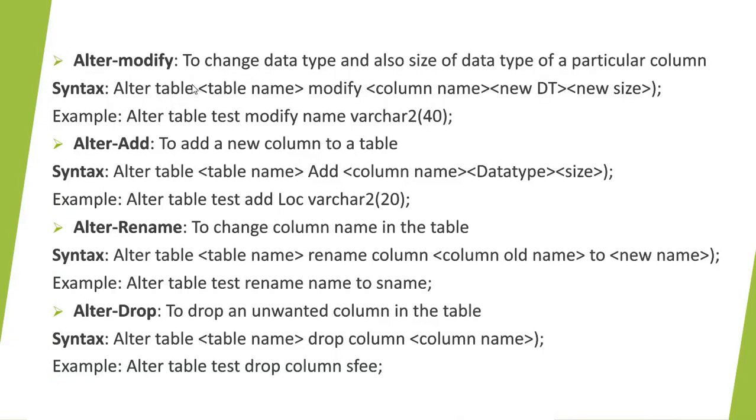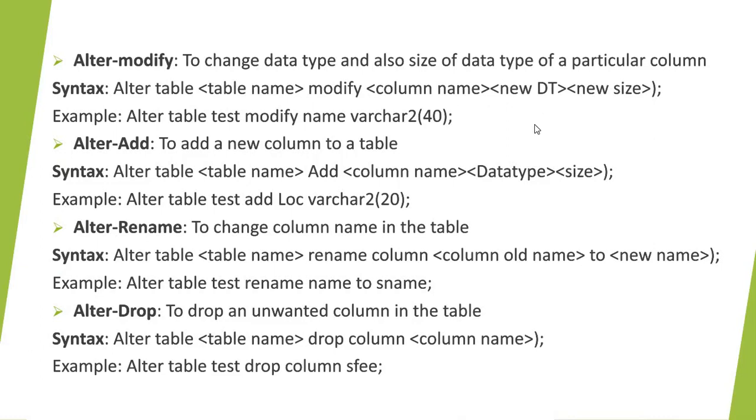The syntax is: alter table, table name. What is the table name for which you want to modify the data type or anything? Table name, and modify column name. For which column you want to make any modifications, that column name you need to mention. And new data type. If you want to change the data type also, you can give a new data type, or a new size.